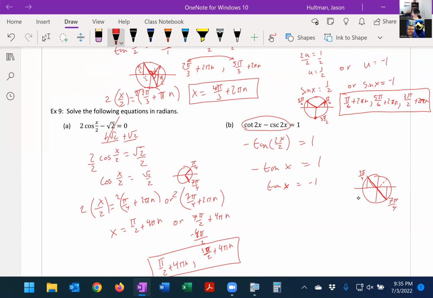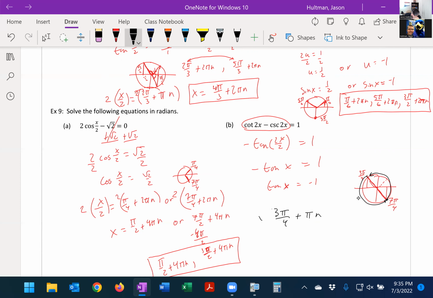Notice that they're pi units apart. And since they are pi units apart, instead of adding 2 pi to keep going around, I can just say every pi units, I'm back to an answer. So there's really only one solution here, and that's 3 pi over 4 plus pi n.